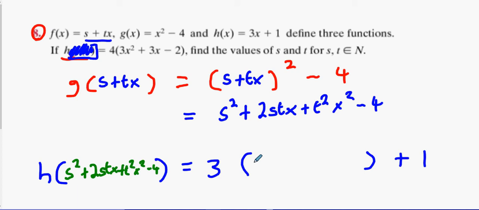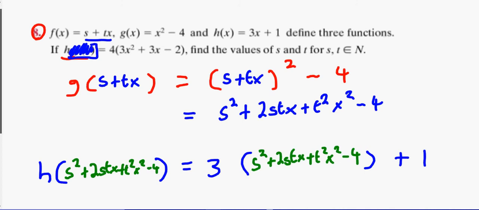Yeah, it's hard to fit in. Alright. Now what I'm going to do is multiply all this out.